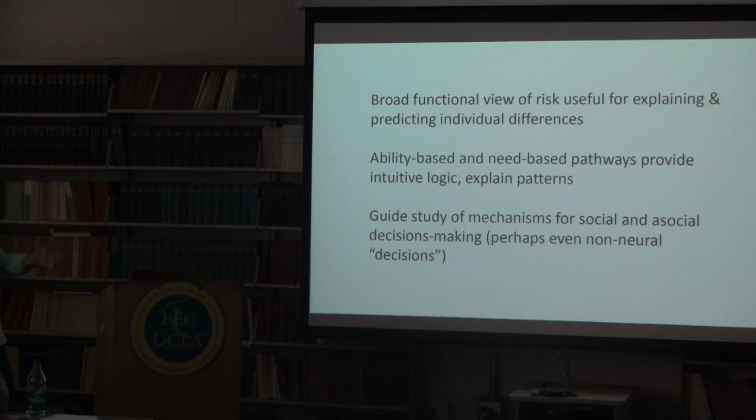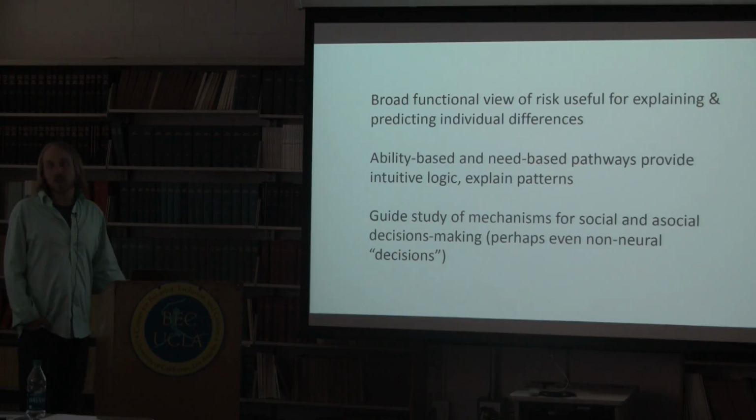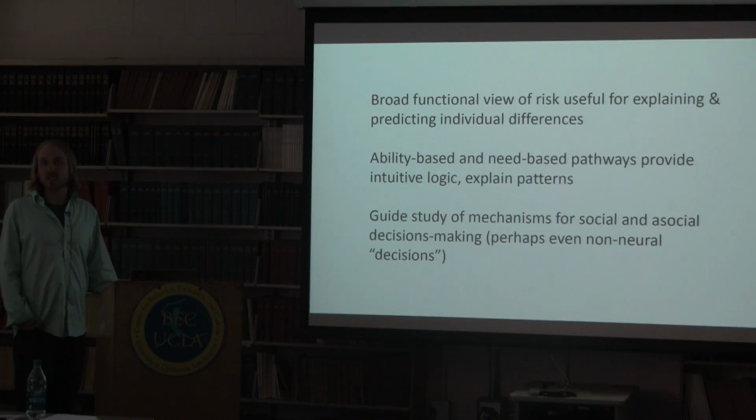And this can extend arguably even into plants, which have to decide which way to grow, presumably based on some kind of input. So perhaps even non-neural decision making can be thought of with this kind of functional logic.